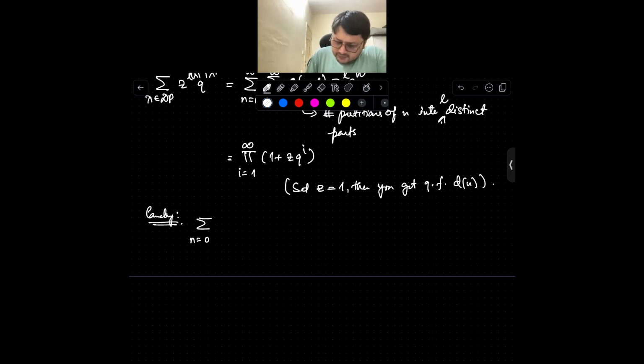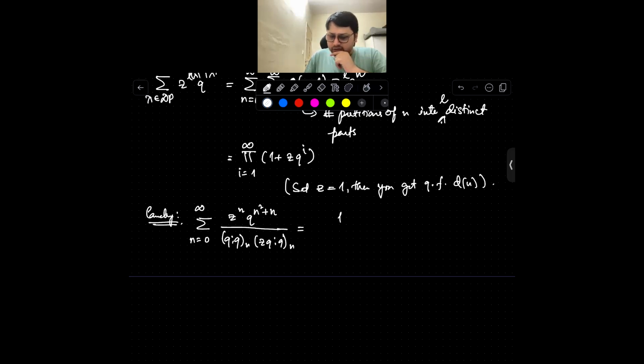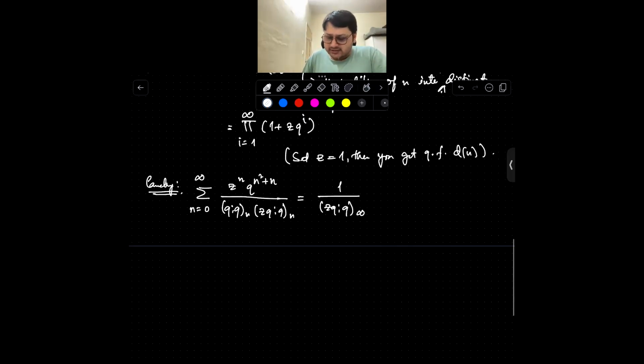So n going from 0 to infinity, z raised to the n, q raised to the n square plus n, divided by (q;q)_n (zq;q)_n, is equal to 1 over (zq;q)_infinity. Okay. So this is Cauchy's result.